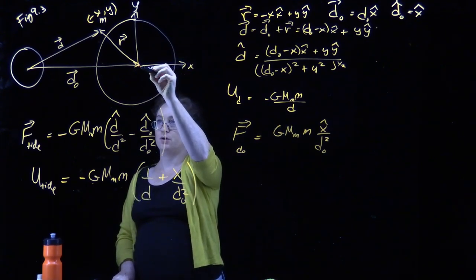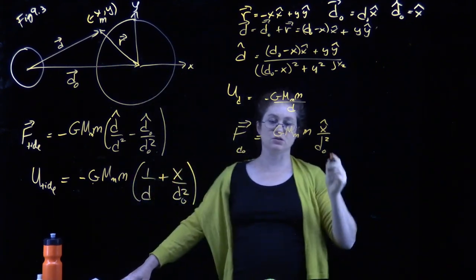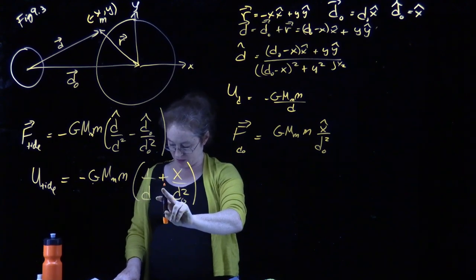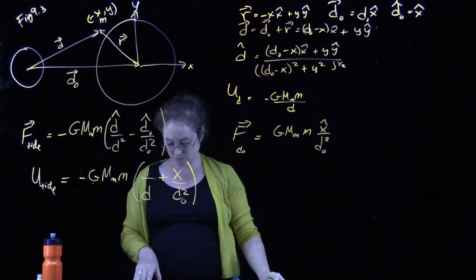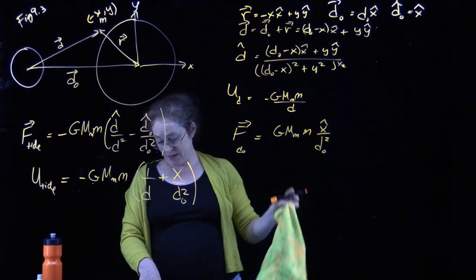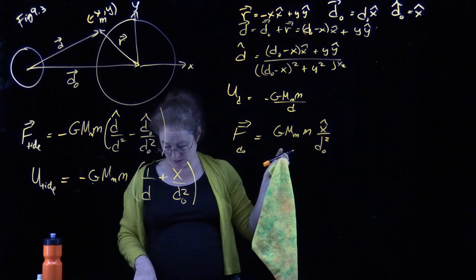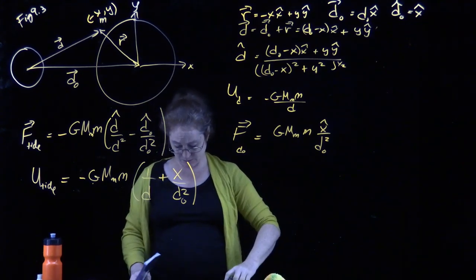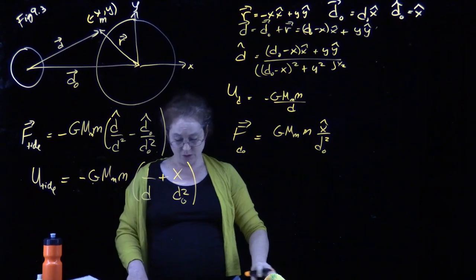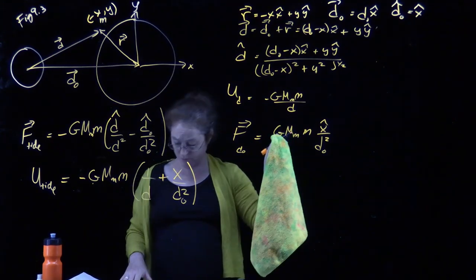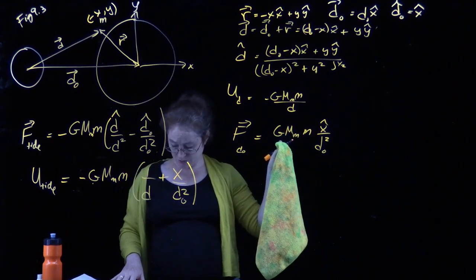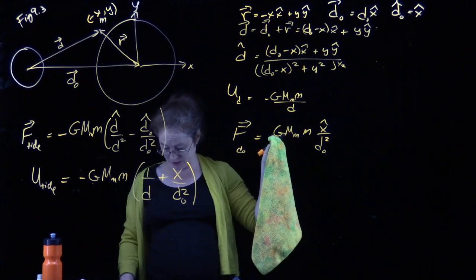When we integrate, we're going from here to here, and that's where the x term here comes from. All right, and then we are going to compare the potentials in different regions.